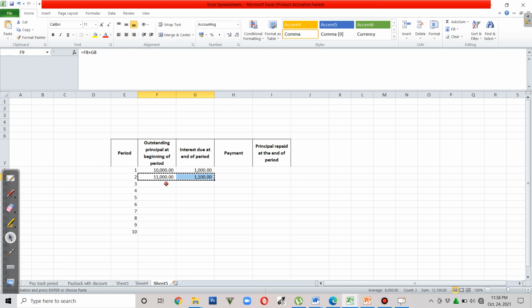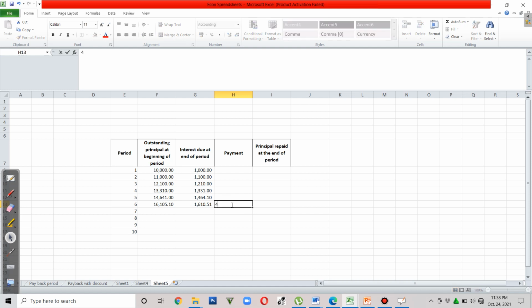Up to the 5th period tayo. Okay. So the 6th period, pwede pa rin nating pag-add niya. Okay. And this is the interest. Now, ito na yung magkakaroon ng amortization.